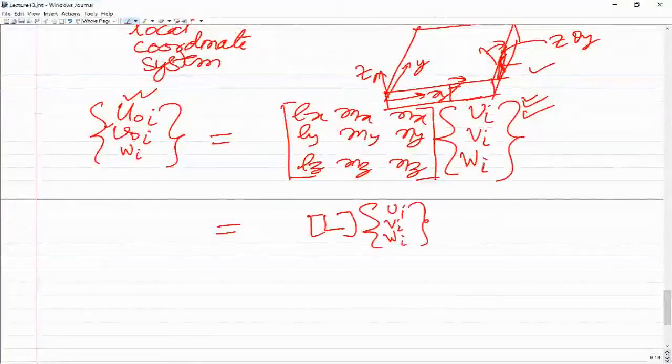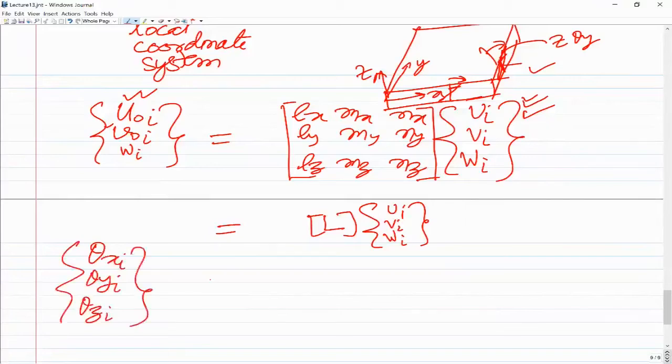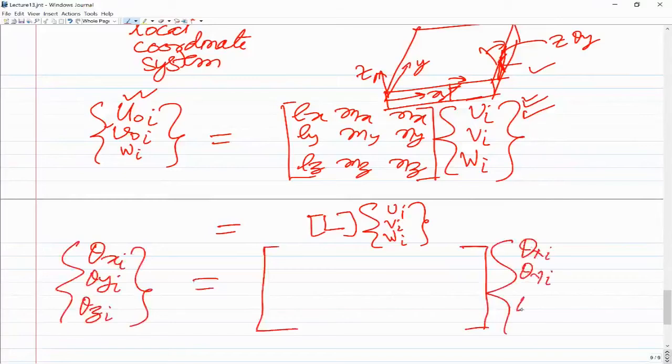So now what about the rotations? We also have theta small xi, theta small yi, and theta small zi. Let me write this also. We want to write these in terms of rotations about global x-axis, y-axis and z-axis, so theta xi, theta yi and theta zi.